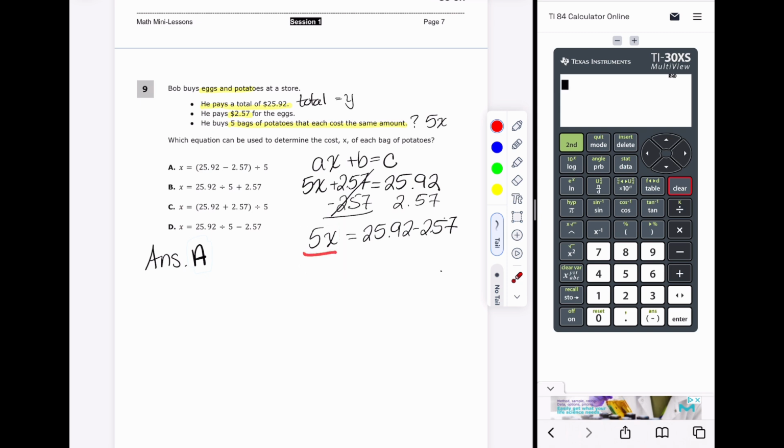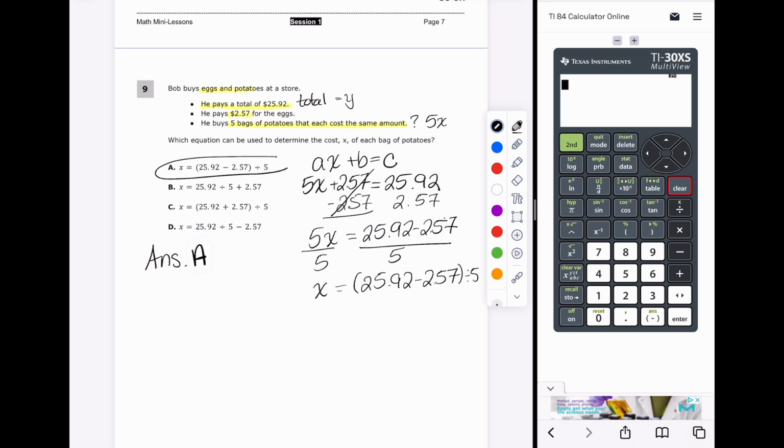So instead I'm going to divide by 5, and on this side, divide by 5. So I would have x is equal to, and remember, I'm dividing all of this by 5, 25.92 minus 2.57, all being divided by 5. And that's what you see here in A.